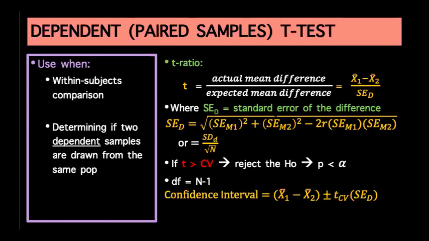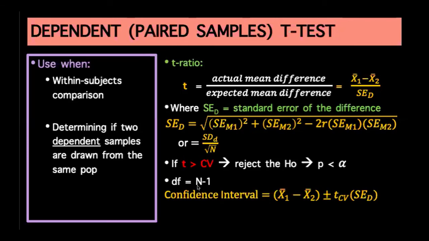But pretty much once you calculate the standard error of difference, that goes in the denominator of your t-ratio formula. That tells you how large your actual sample difference is compared to a population. And then we say, is that difference larger than the critical value to be significant, okay?